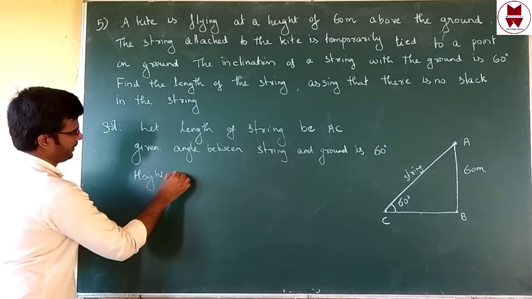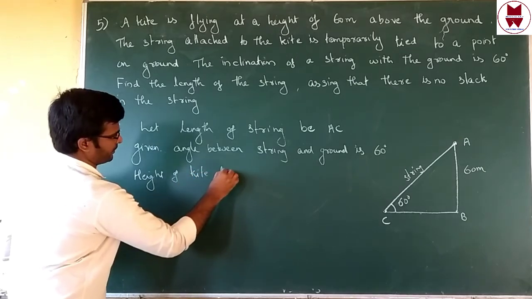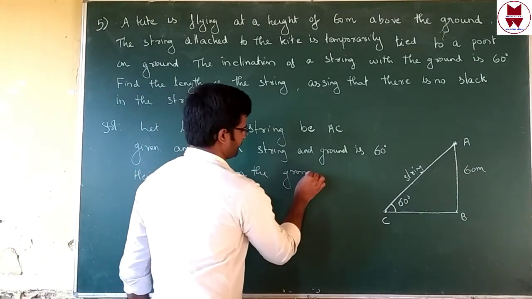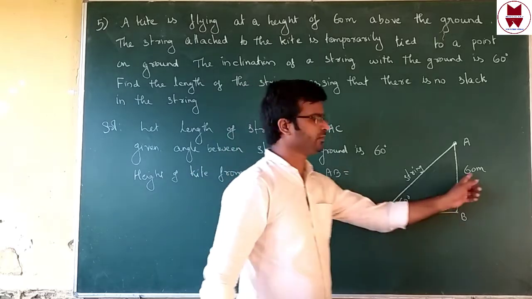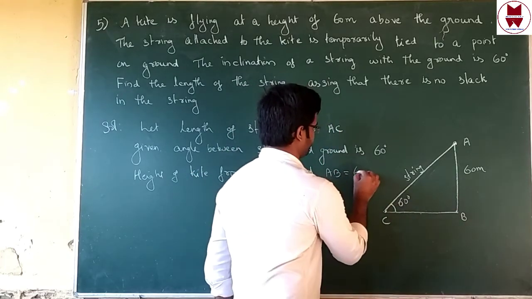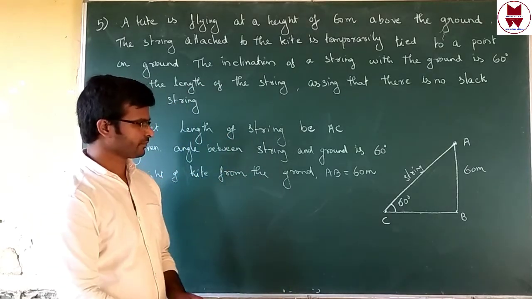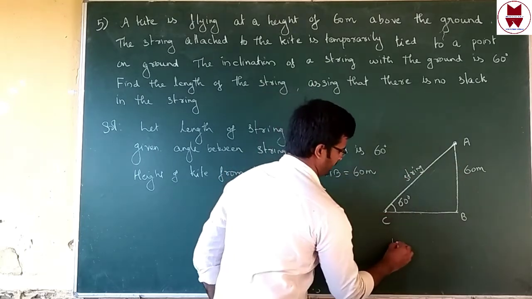Then the height of the kite from the ground, that is AB equal to 60 meter. Then our question, we have to find out the length of string, that is the hypotenuse in this figure.